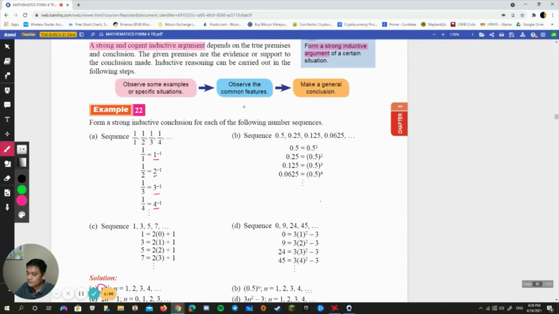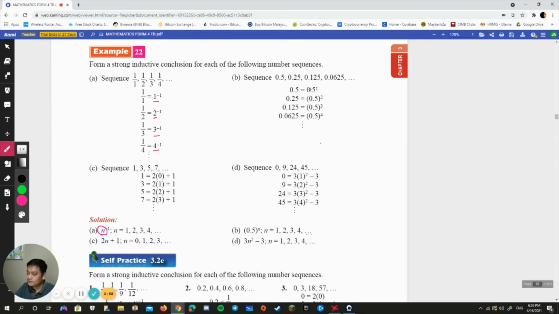Now, you observe the common feature here. The common feature here is 0.5. So you write down 0.5 inside the bracket. And then write down the changing value, to represent the changing value with n.